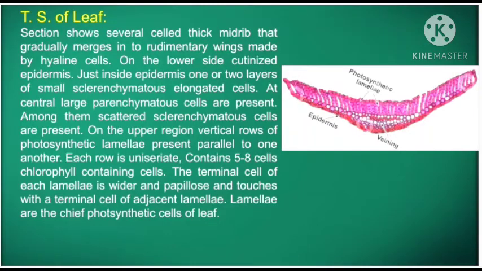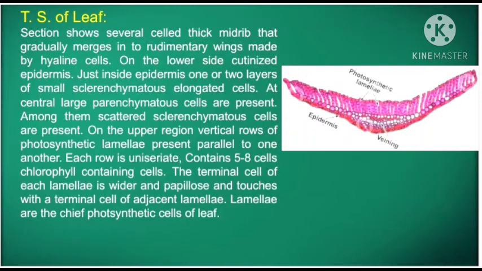Now we will see the anatomy of the leaf. As we already saw, the leaves are present in a spiral manner on the central axis in rows of 3 to 8. The anatomy of the leaf can be studied by taking a transverse section.